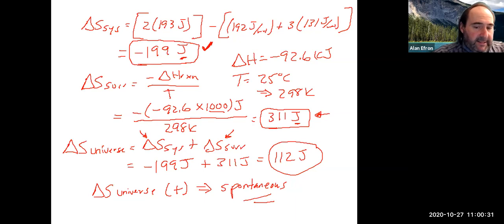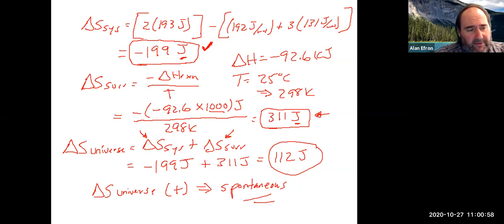It just tells us what's happening in the surroundings, and because it's exothermic, the surroundings pick up the energy and become more disordered. We do see that with the positive number. It's only when we put both of those numbers together that we get a positive delta S of the universe, and we can make a determination that the reaction itself is spontaneous. And we would expect this to occur.